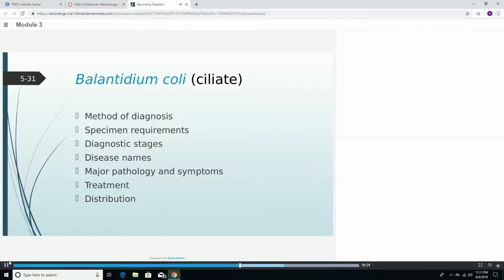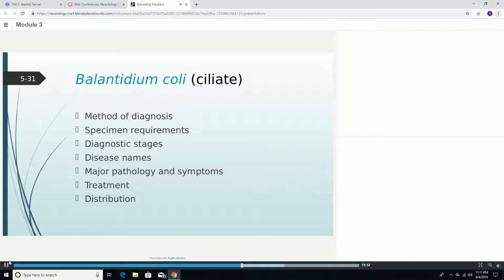feces or intestinal mucosa. Again, just like other parasites, we're going to want to collect 1 to 3 stool specimens to look for this organism, and we're going to prepare wet mounts of fresh or concentrated specimens. Fresh specimens are always best with parasitic infections because it makes it a little bit easier to see these organisms.